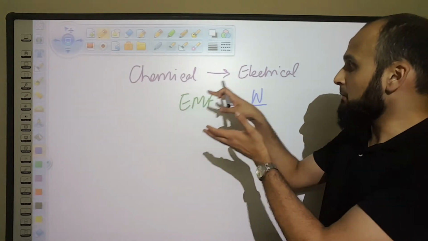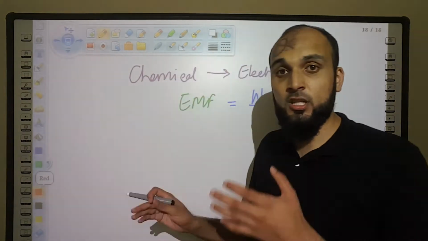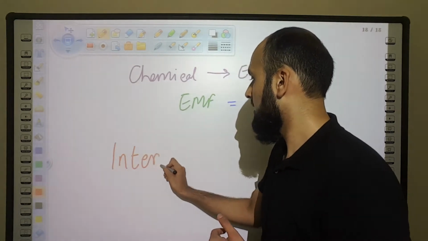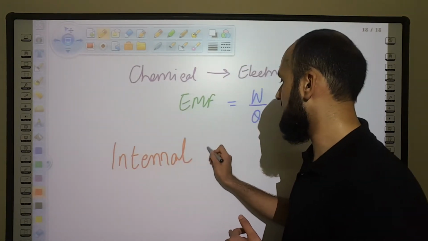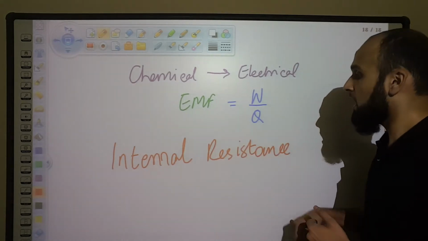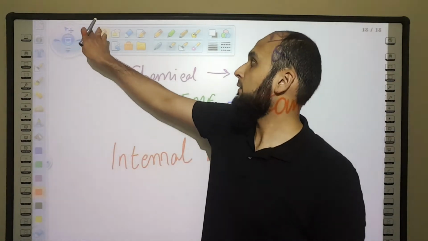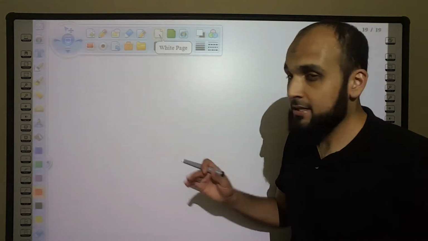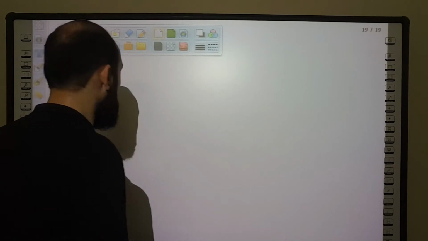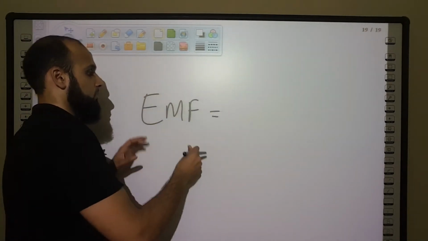So when some of the energy is consumed there, we say that it occurs due to something known as an internal resistance, which is simply the opposition of the internal structure of the cell to the free flow of electrical current. So some voltage is consumed out of that electromotive force.